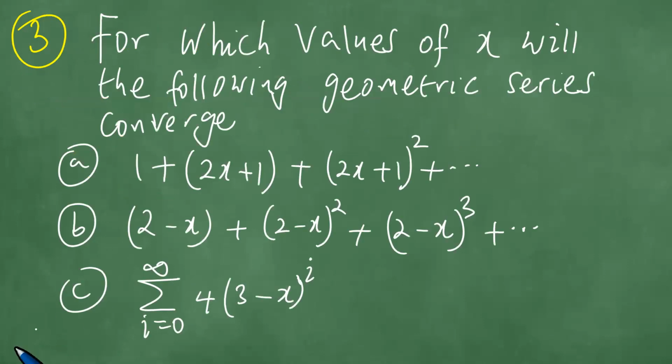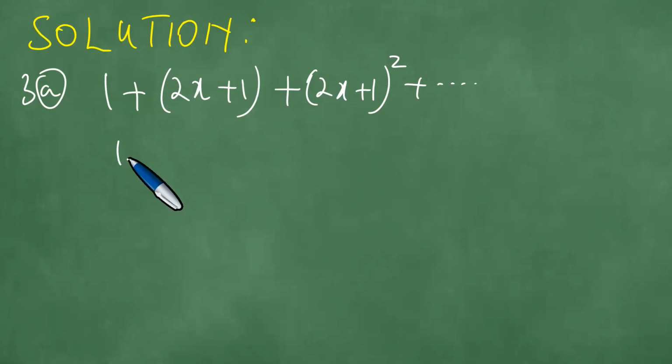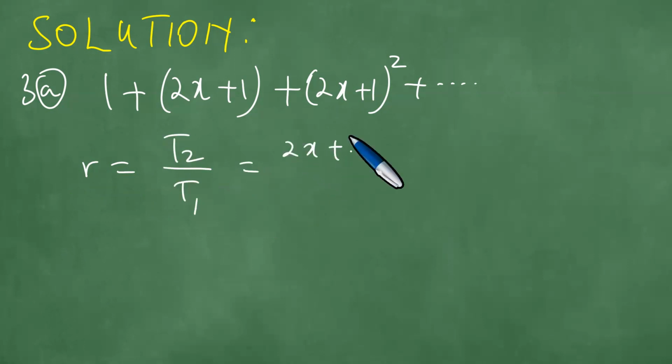We have already been told that it is a geometric series, so you need to find the constant ratio. The constant ratio R is the second term over the first term, this over 1.